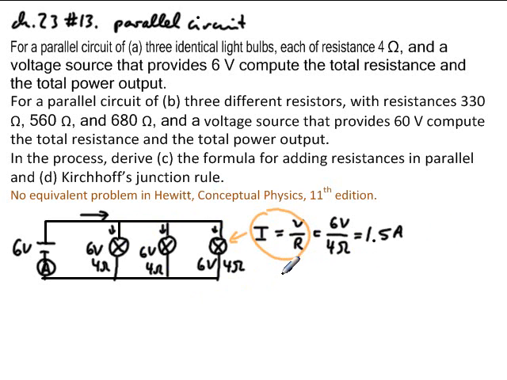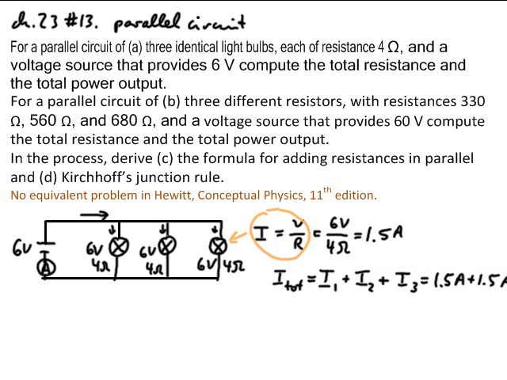So that means that the total current needs to be added up as the current flowing through the first and the second and the third, which is 1.5 plus 1.5 plus 1.5 in this case.